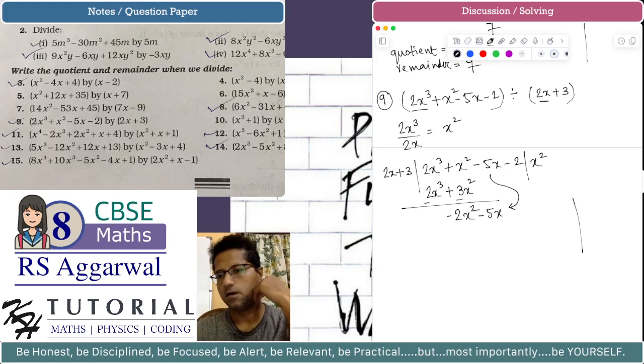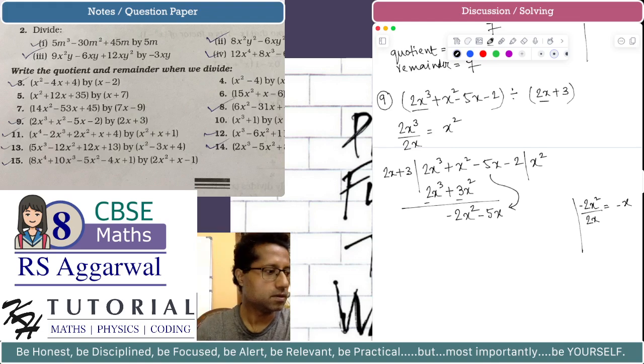Now the next term in the quotient will be the first term of the dividend divided by the first term of the divisor, which is equal to minus x.